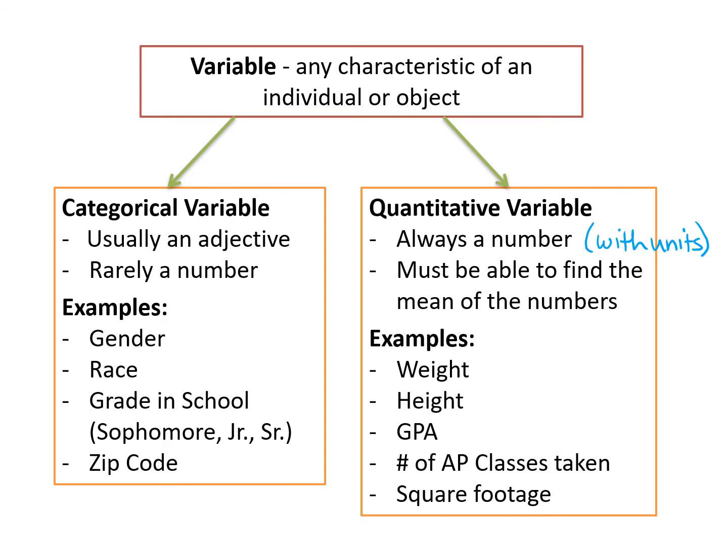These are things that are measured. We could put quantitative variables in order from least to greatest. So height, weight, average GPA, average amount of time it takes you to get to school, all that sort of stuff is quantitative. It doesn't make sense to put categorical variables in order from least to greatest because they're not numbers like quantitative variables are.